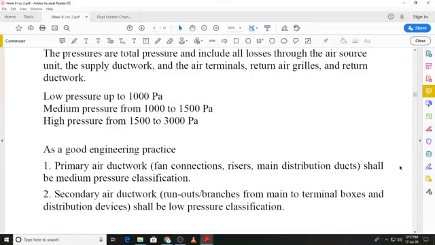High pressures are not that much encountered, but if there is a need for that, you will go for that, because higher pressure means we need to have thicker ducts which consume more material, which are heavy, and they tend to become quite expensive.